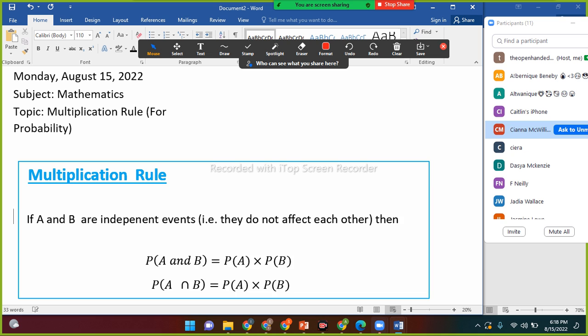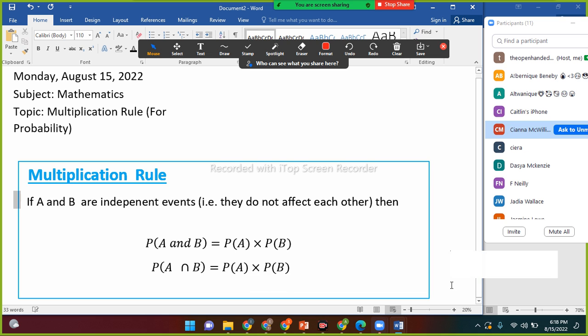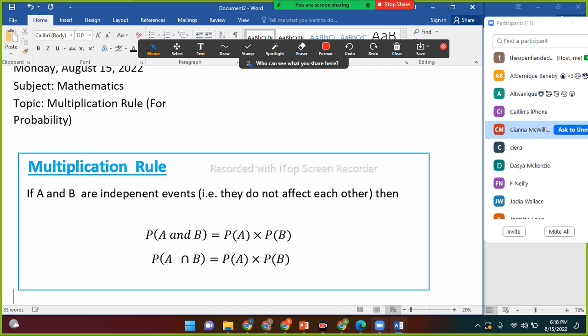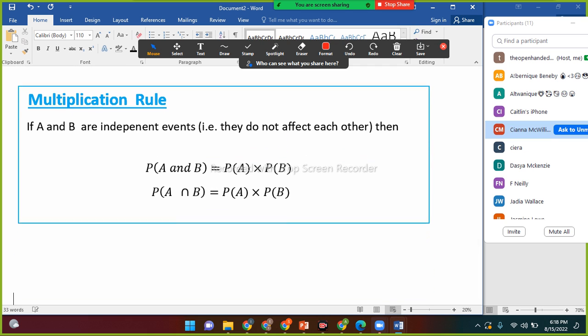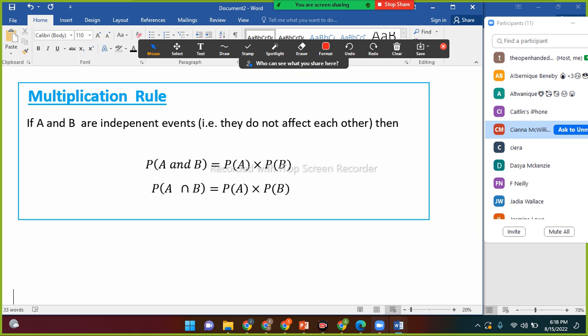Again, the multiplication rule states that if we have two independent events, A and B, and we're trying to figure out what's the probability of A and B. Now, when we say independent events, that means that the probability of one does not affect the probability of the other.